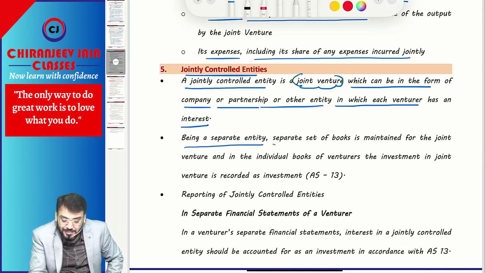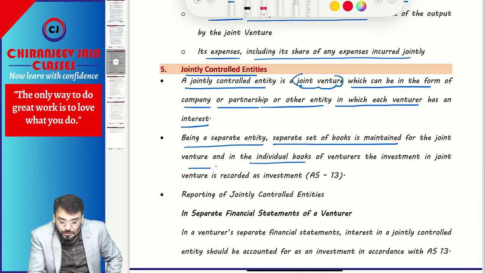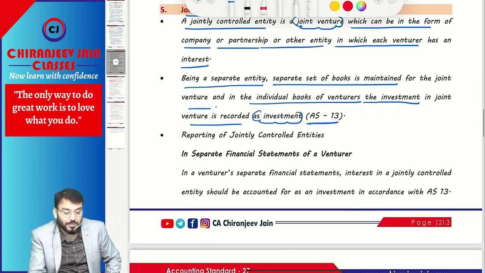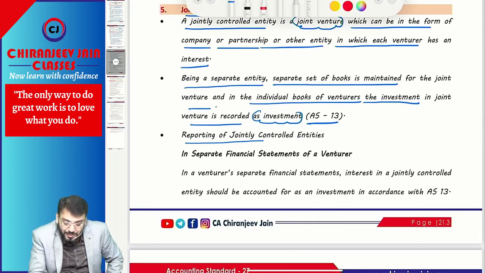Being a separate entity, a separate set of books is maintained for the joint venture, and in the individual books of the venturer, the investment in joint venture is recorded as an investment as per AS 13.